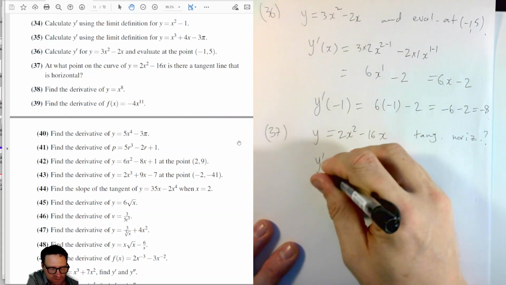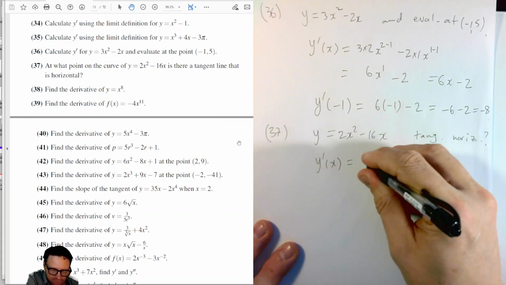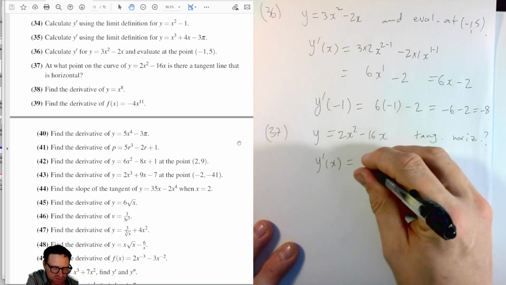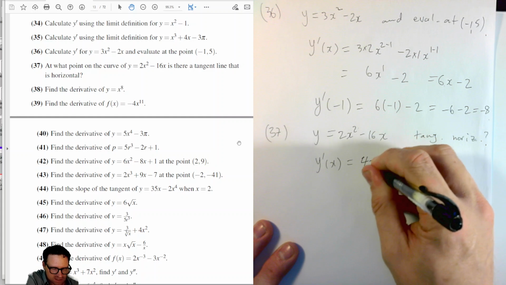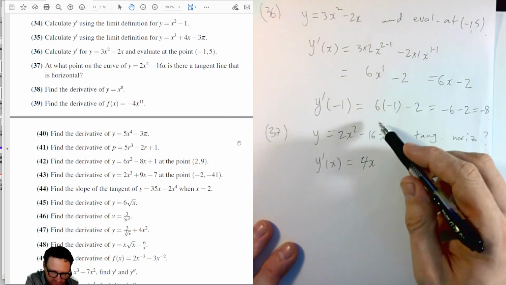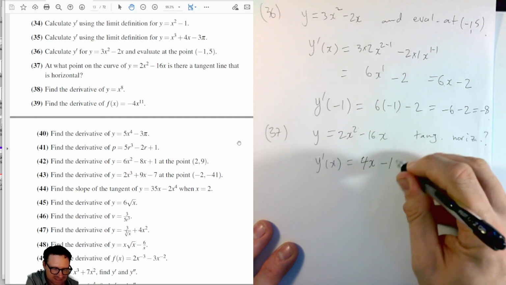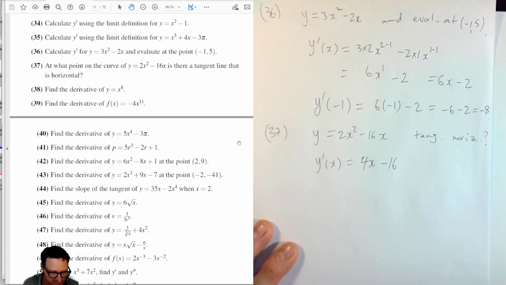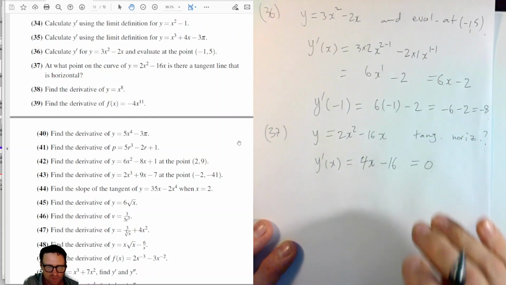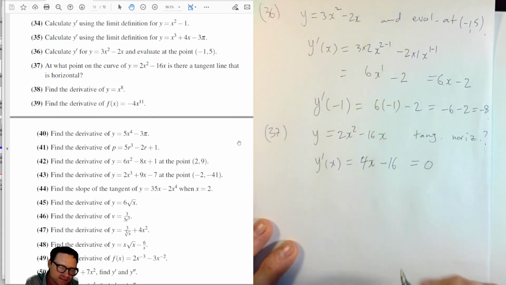So we calculate the first derivative, and we get 2, bringing down that 2, times 2 is 4, x to the power of 2 minus 1 is 1, the derivative of minus 16x is minus 16, and when is this horizontal? Well, when that slope is 0, and we've got to solve this equation for x.